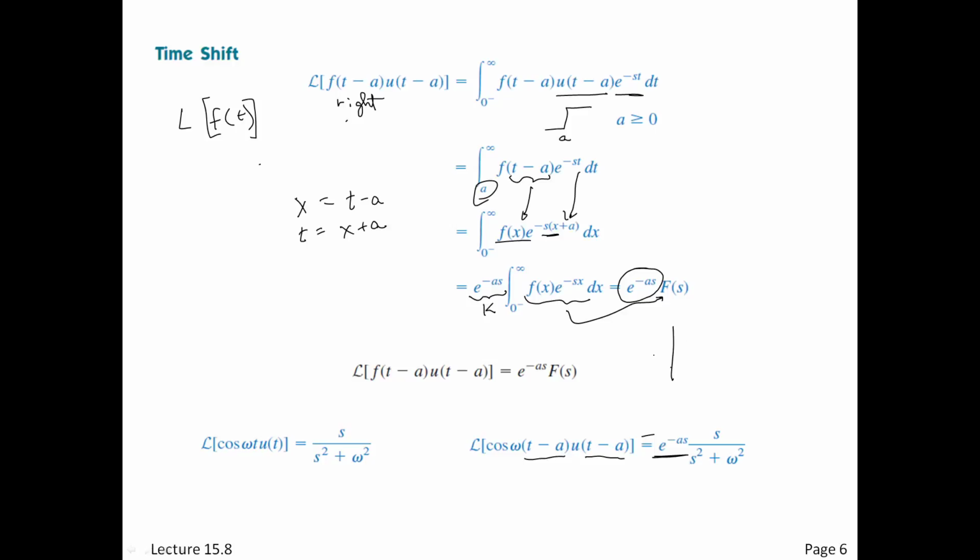So what does that look like? What we're really talking about is this. This was the original, and this is now where we're moving it, where this distance is a on the time axis.